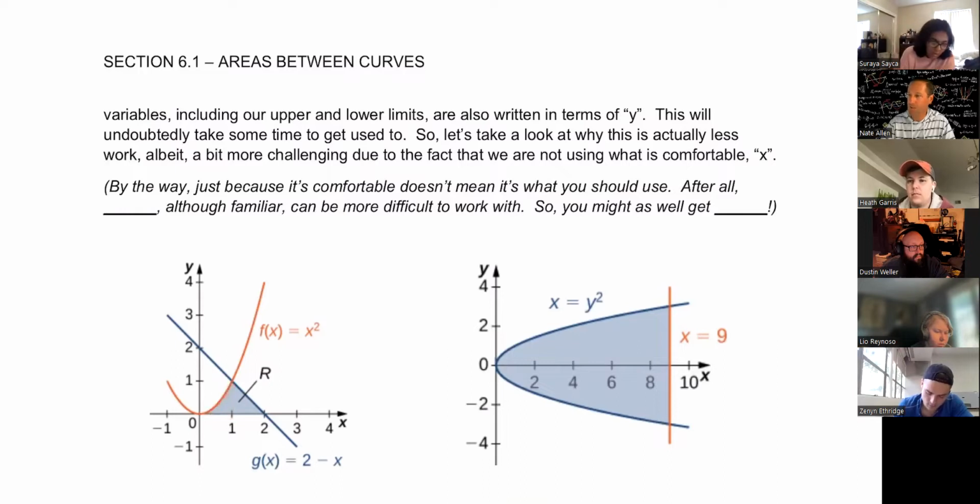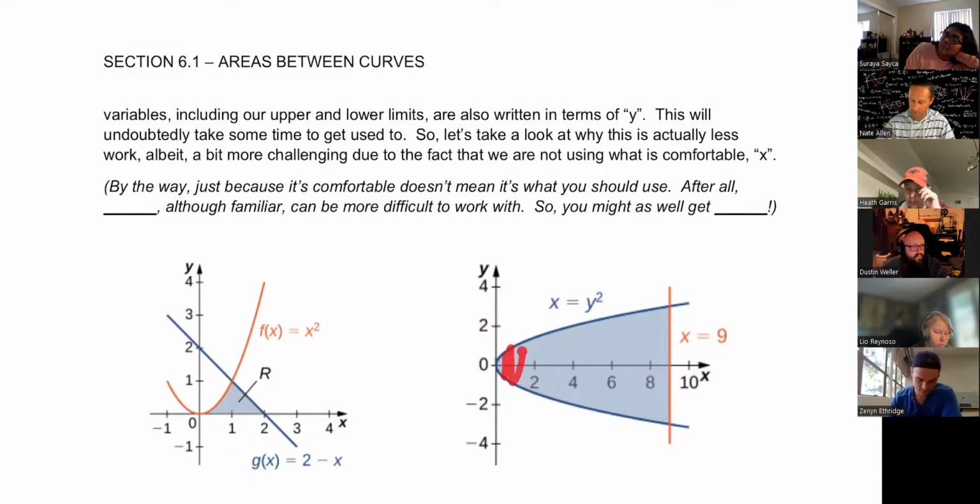But then we'd have to split it up and do another where it's just the area under this function now, the g. And do we like doing two integrals? Or would you rather do one? You're like, I don't know, that seems pretty easy. And you're right. But you won't always be able to do that.